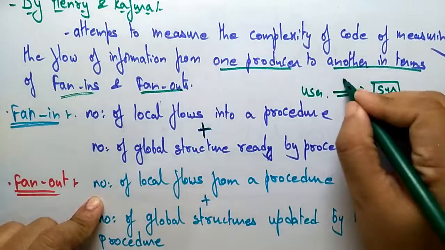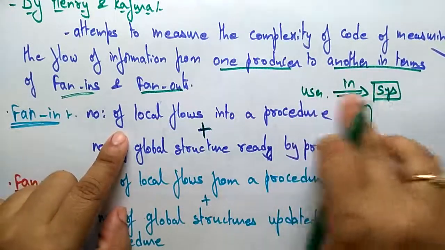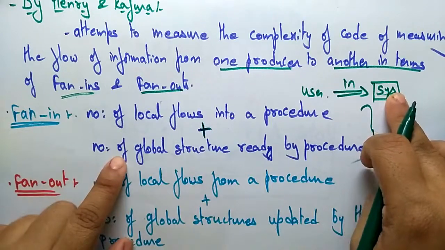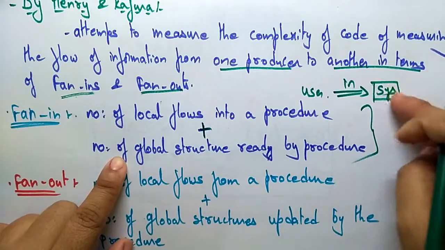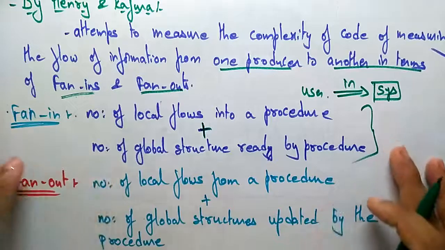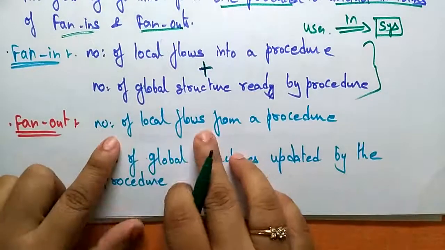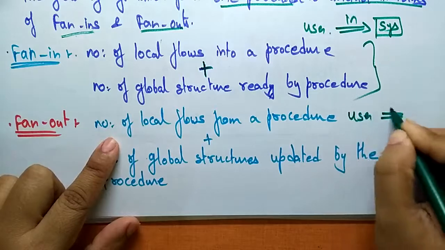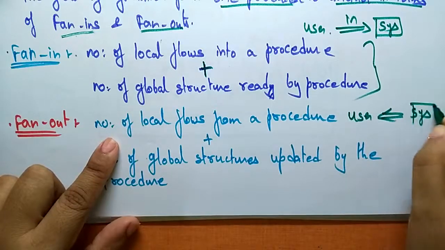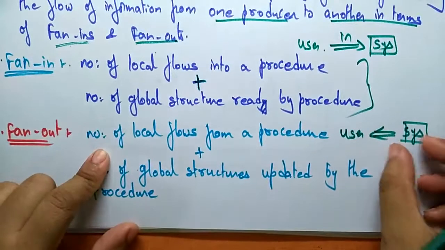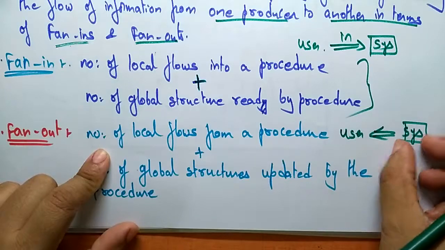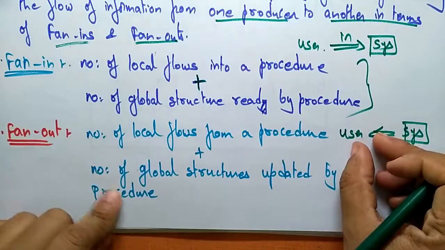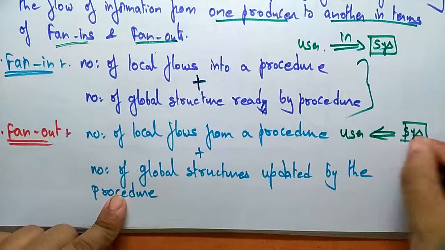Coming to the fan-out, it is the number of local flows from a procedure, plus the global structures updated by the procedure.